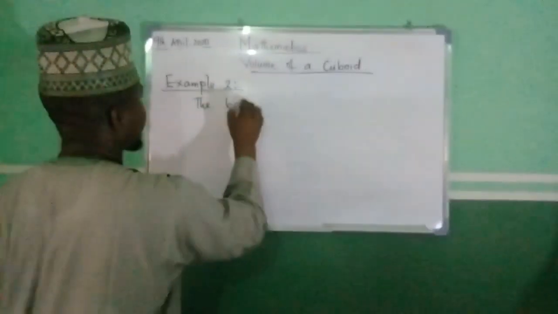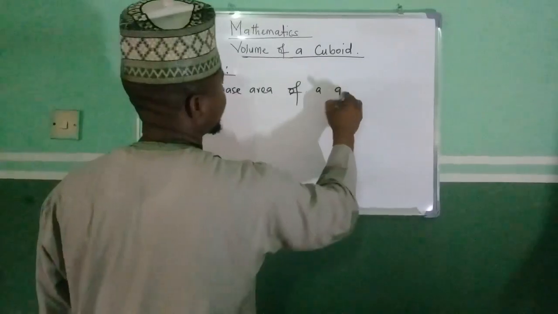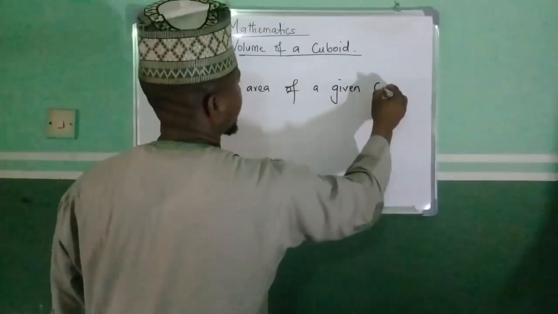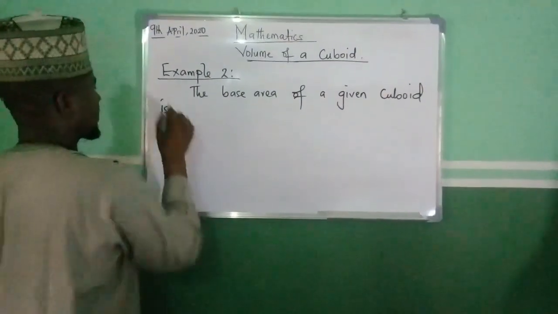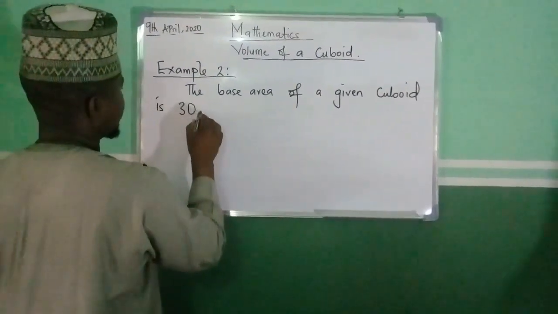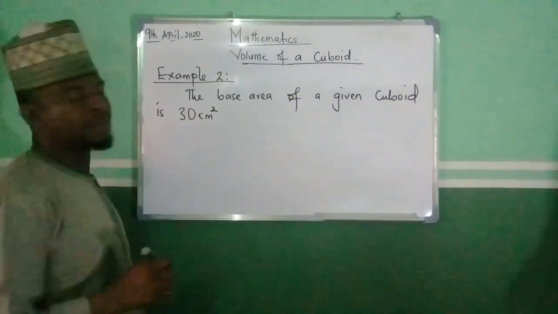Okay. They say the base area of a given cuboid is 30 centimeters squared.